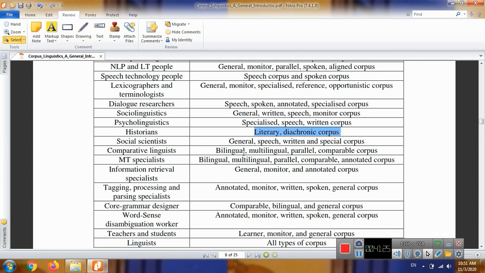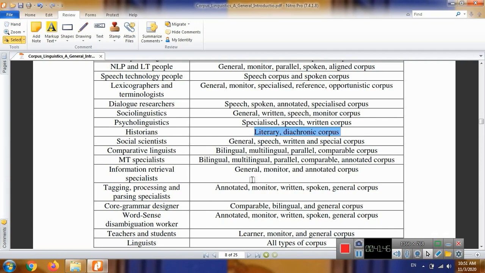Comparative linguists deal with bilingual, multilingual, parallel, and comparable corpus. MT specialists are concerned with bilingual, multilingual, parallel, comparable, and annotated corpus.